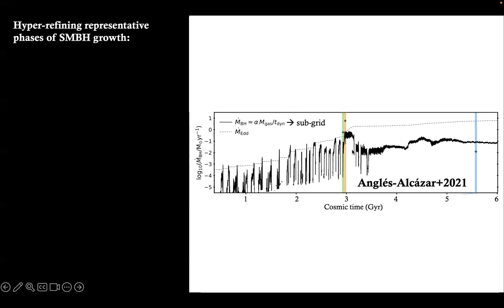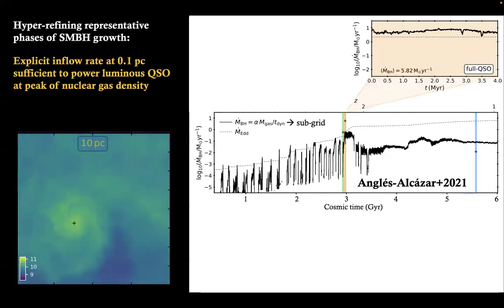And then what we're going to do is restart simulations switching on this hyper-refinement technique and targeting different phases of the history of this black hole to see if we can model more explicitly what the actual accretion rate is down to much smaller scales. So the lines of different colors here indicate the 3 different phases that we're going to zoom in on. And the first one, and one of our biggest goals for this project, was to see if we could predict inflow rates sufficiently high to explain a bright quasar phase.